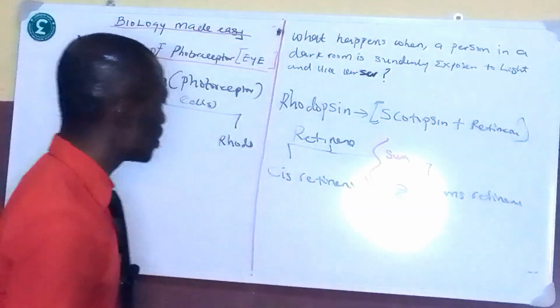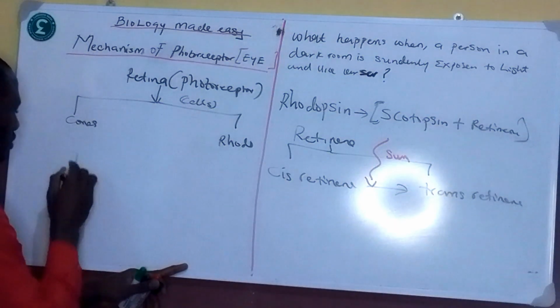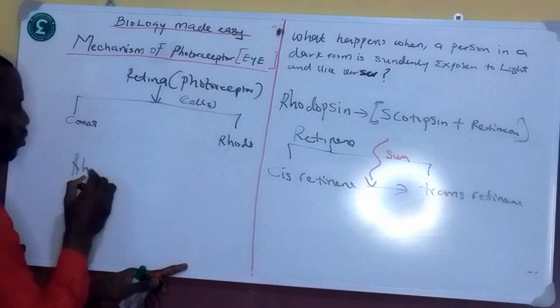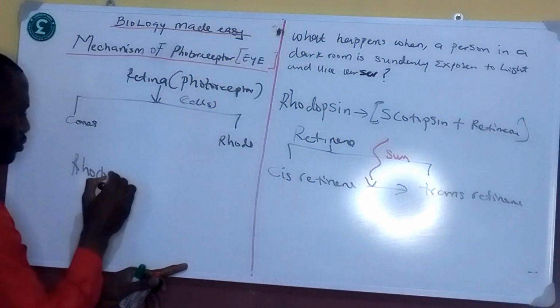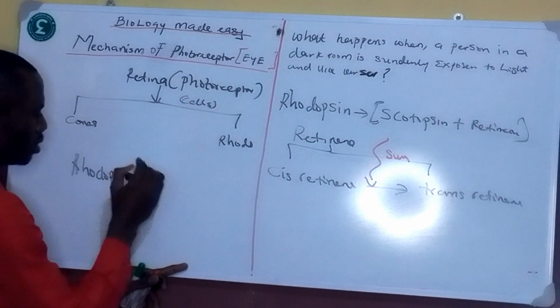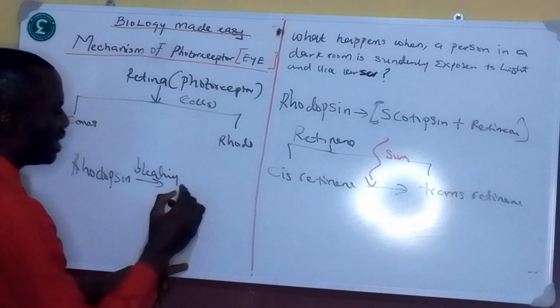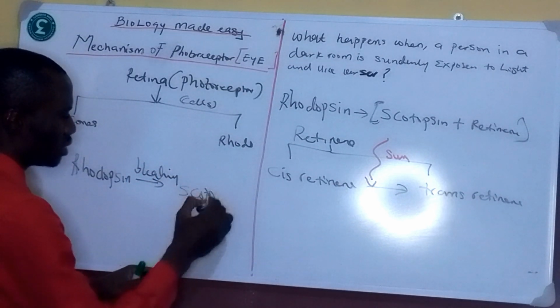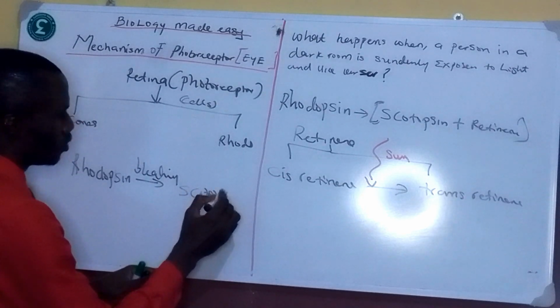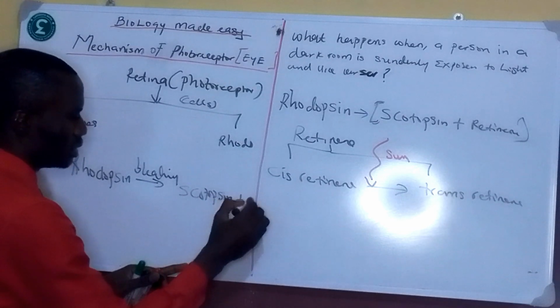The bleaching process will cause the rhodopsin to be divided into scotopsin and retinine.